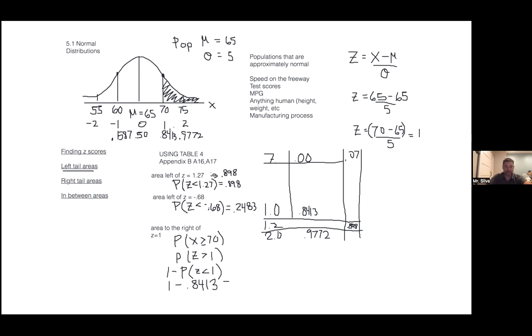What does that mean? 0.1587 is a percentile. Or not, I'm sorry, not a percentile, but a percentage. Left tail areas are called percentiles. Right tail and in between areas are called percentages. We're finding areas in between. So 15.8% of cars drive 70 miles per hour or more.